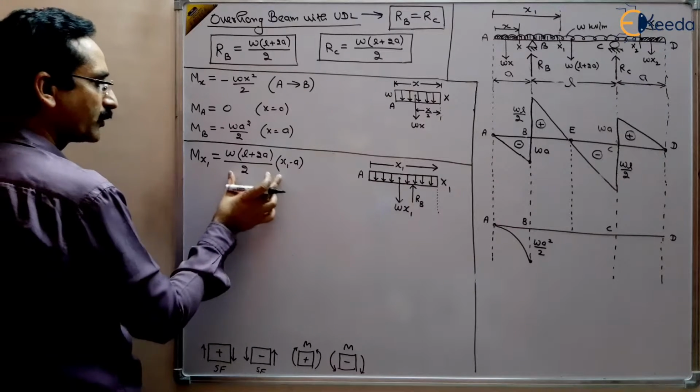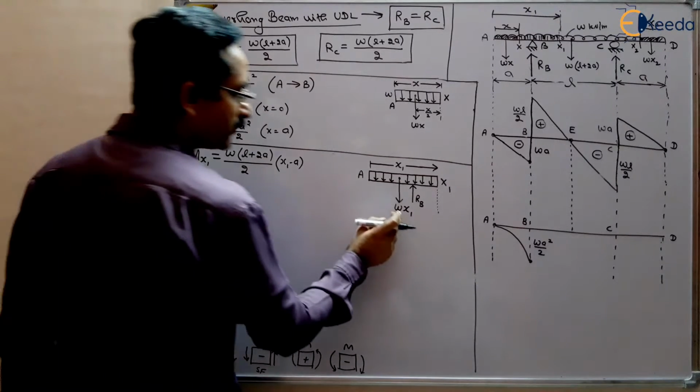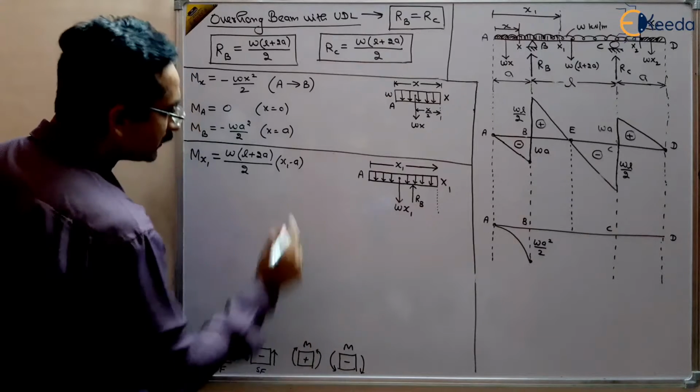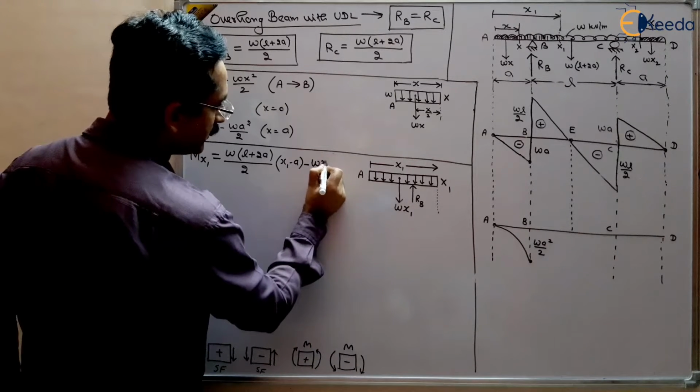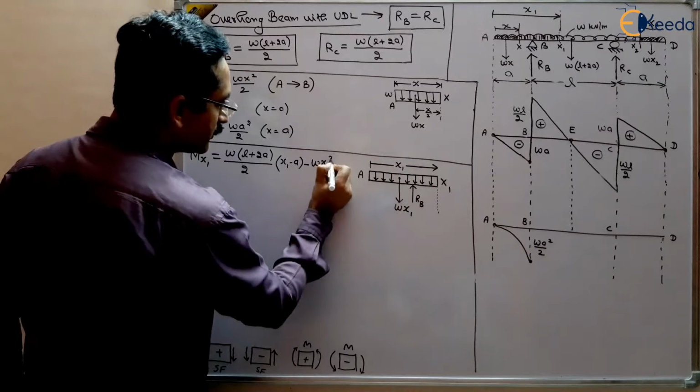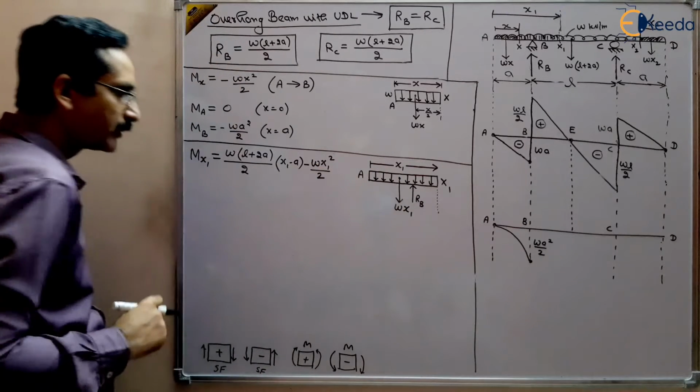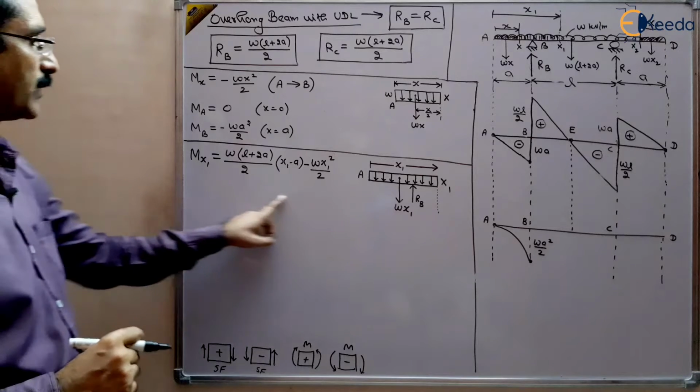So this is the moment of RB. And what is the moment of Wx1? This is negative according to sign convention. Wx1 multiplied by x1 by 2, so this will become W x1 square by 2. So this is the bending moment.